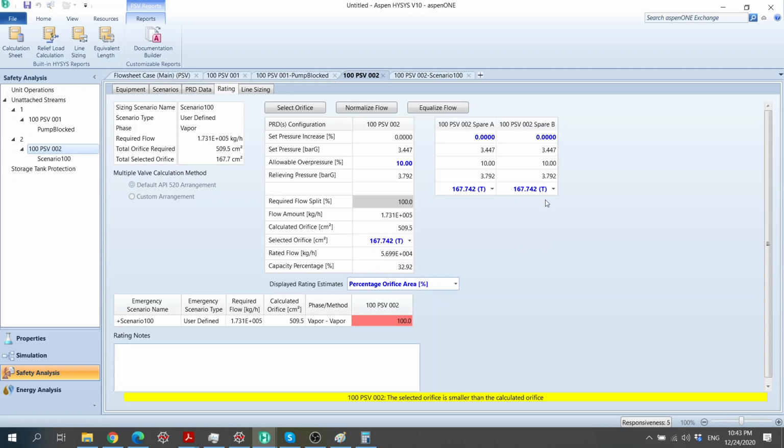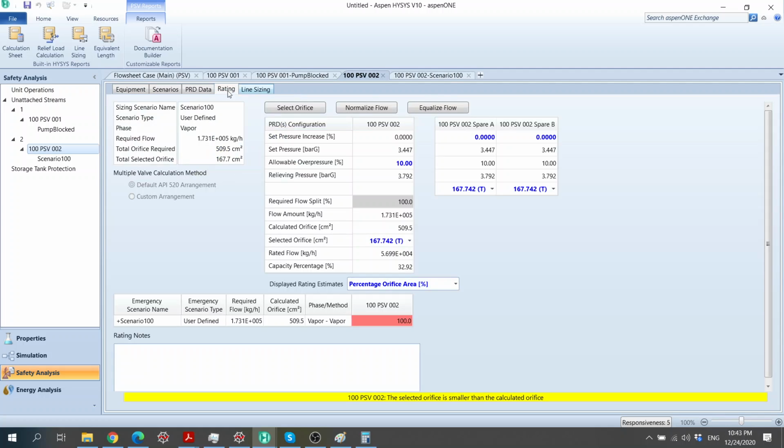Okay, so you have to spare. Or if it's quite this one, I want to have 4. What about the equalized flow? Equalized flow. I need to have 4, right?